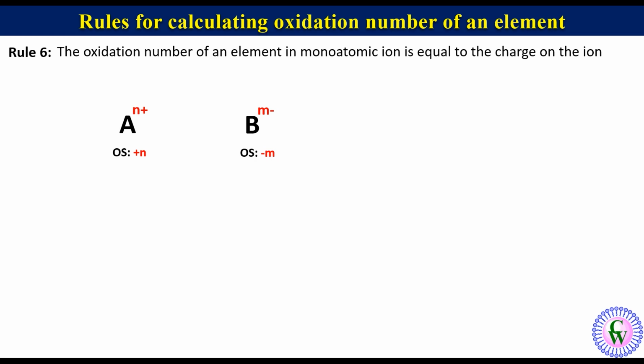For example, in Na+, Mg2+, Al3+, Cl- and O2-, the oxidation number of sodium, magnesium, aluminum, chlorine and oxygen will respectively be +1, +2, +3, -1 and -2.